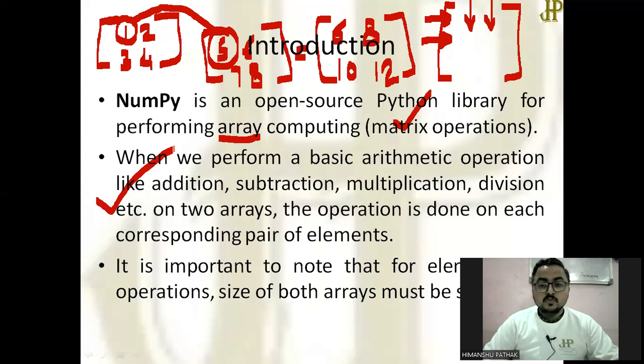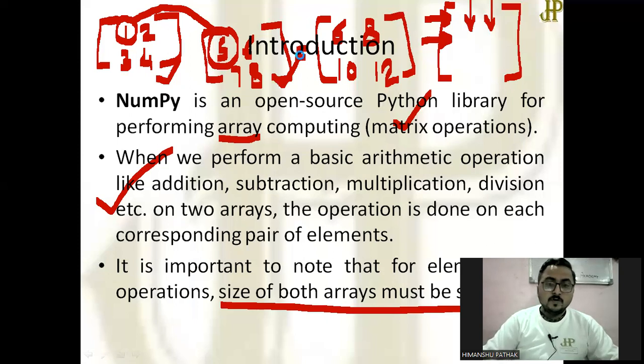Another thing has to be remembered: if you want to do an arithmetic operation, then the size of both arrays must be the same. Otherwise, an error will be encountered. Here you can see that I have taken a 2 by 2 array and another is again a 2 by 2 array. So there is no mismatch. Clear?